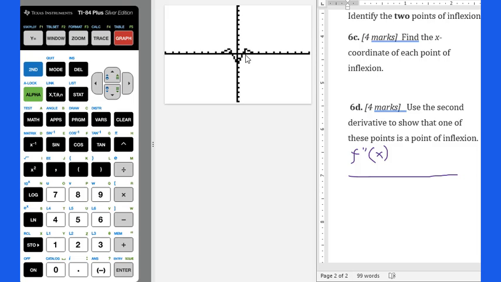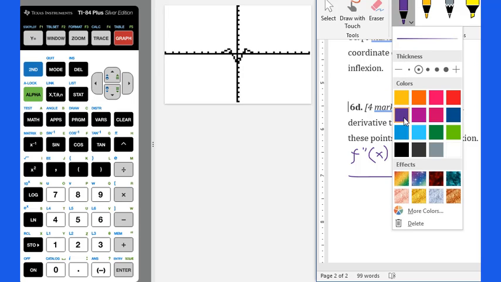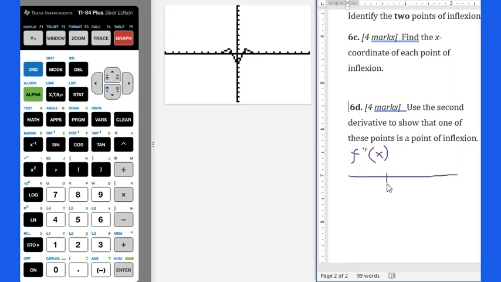This is the graph for the second derivative. We've got to draw a sign diagram. Here, I will draw 0.707. That's an x-intercept for the second derivative.